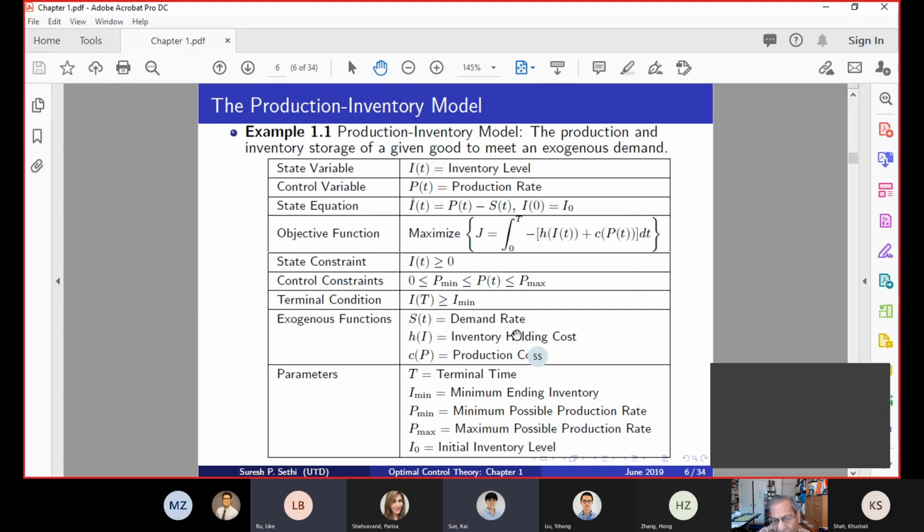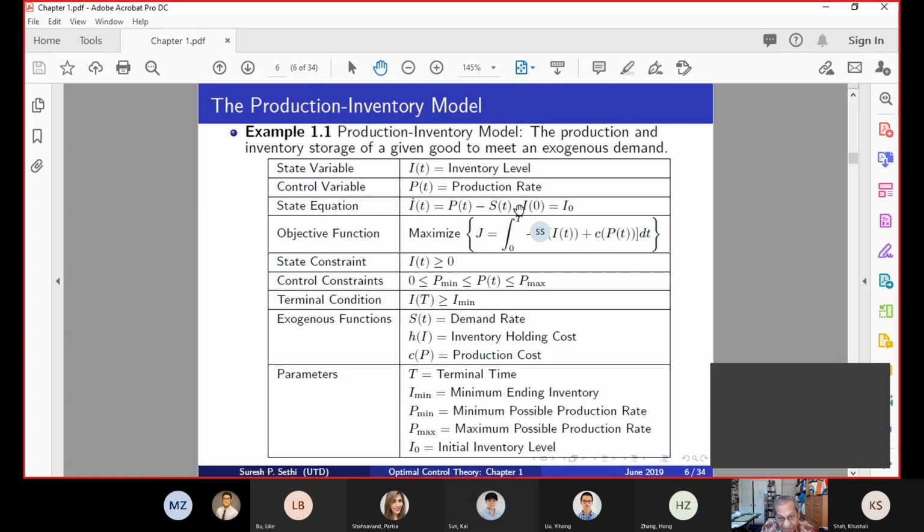We are modeling now. Okay, let me give you an example. Suppose my I(t), the inventory, spoils. Suppose I(t) is an amount of apples, and they spoil at a certain rate delta. Then you will see I dot will be P(t) minus S(t) minus delta times I, right?